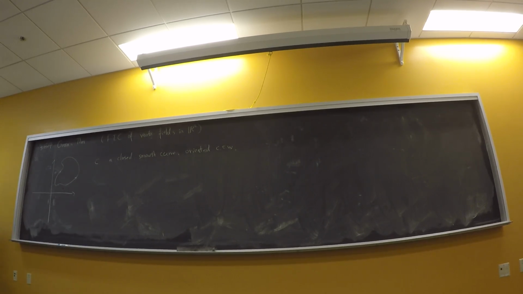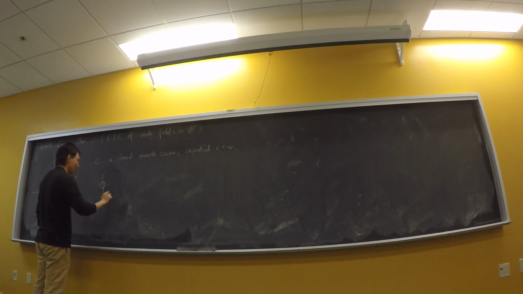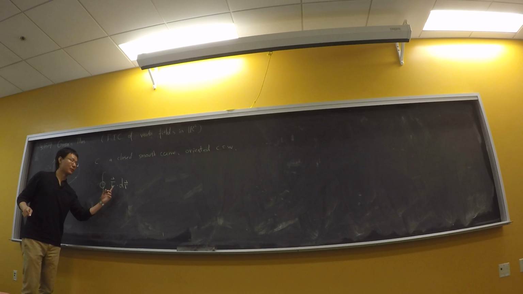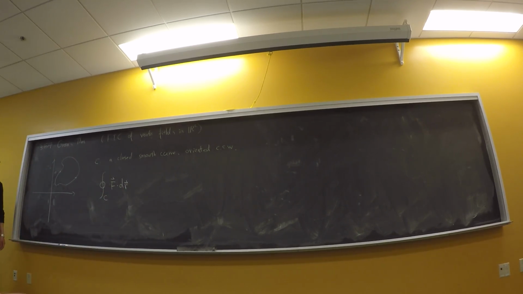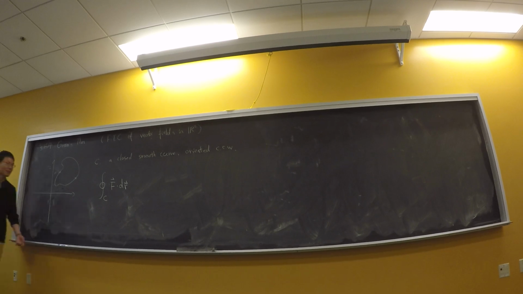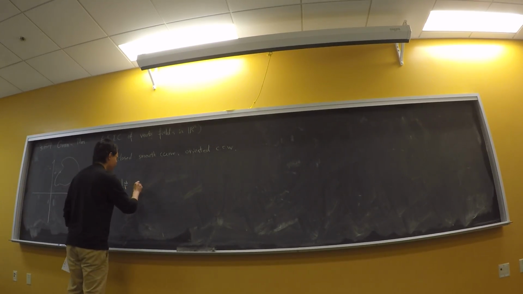I want to compute a line integral of a vector field, not necessarily conservative, with respect to a closed curve. So again, I want to ask you, if this vector field is conservative, what's the answer? Zero. If it is not conservative, then the answer is not necessarily zero anymore. But what is it? Okay?